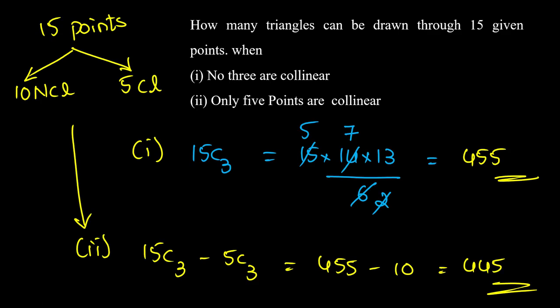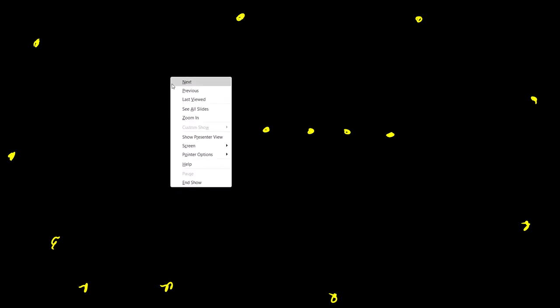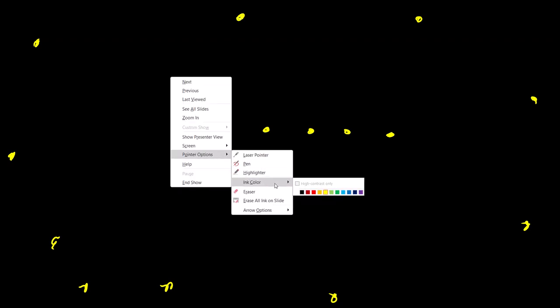Okay. Now, to give justification for this one, I am taking 5 points horizontally. 5 points are collinear, this 5, and I have 10 points here and there randomly. Okay, now see, I am forming a triangle here. Is this valid or not? Is this triangle valid?